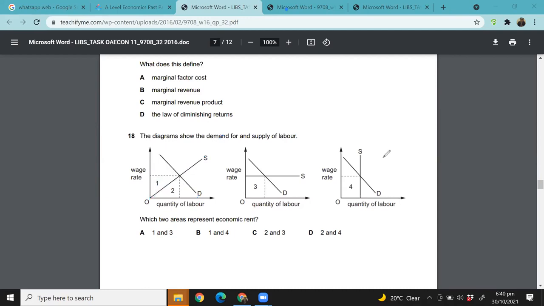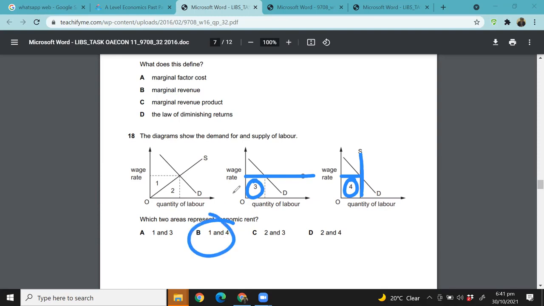And in the other case, where the supply is perfectly inelastic, this entire region is your economic rent. So 1 and 4 is your economic rent. And in this case, where supply is perfectly elastic, all of the area is transfer earnings. Are you getting me? So your answer is B, 1 and 4.